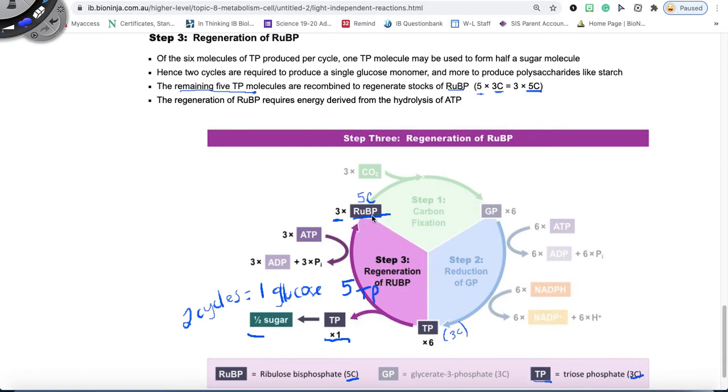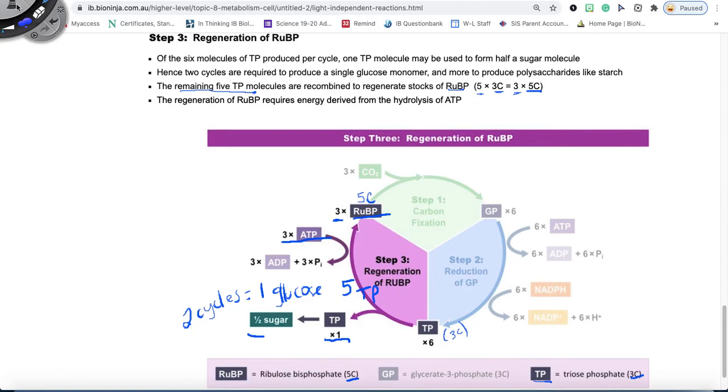RuBP is much bigger, so the 5 molecules of triose phosphate will only provide enough carbons for 3 molecules of RuBP. And we require energy for the regeneration of RuBP. That is going to require 3 molecules of ATP for this whole regeneration to happen.